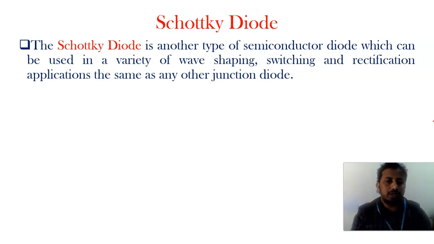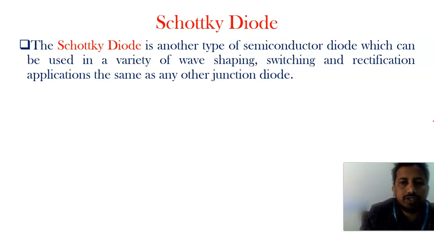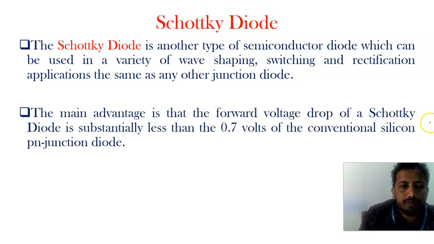Similarly, a Schottky diode is also a semiconductor diode which is used in a variety of wave shaping, switching, and rectification applications. It is more or less the same as the junction diode. Only a small change would be there in this diode. Now we'll see what that change is.